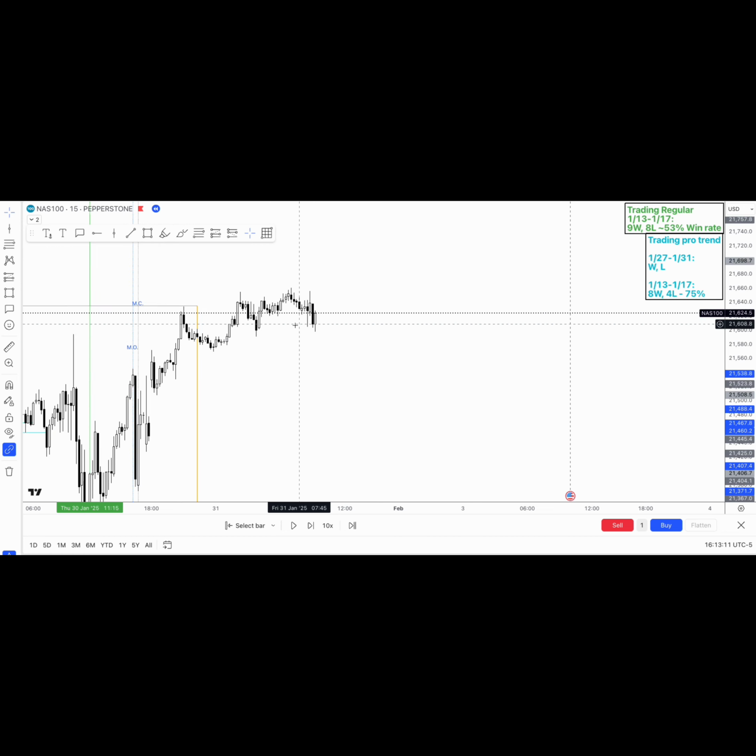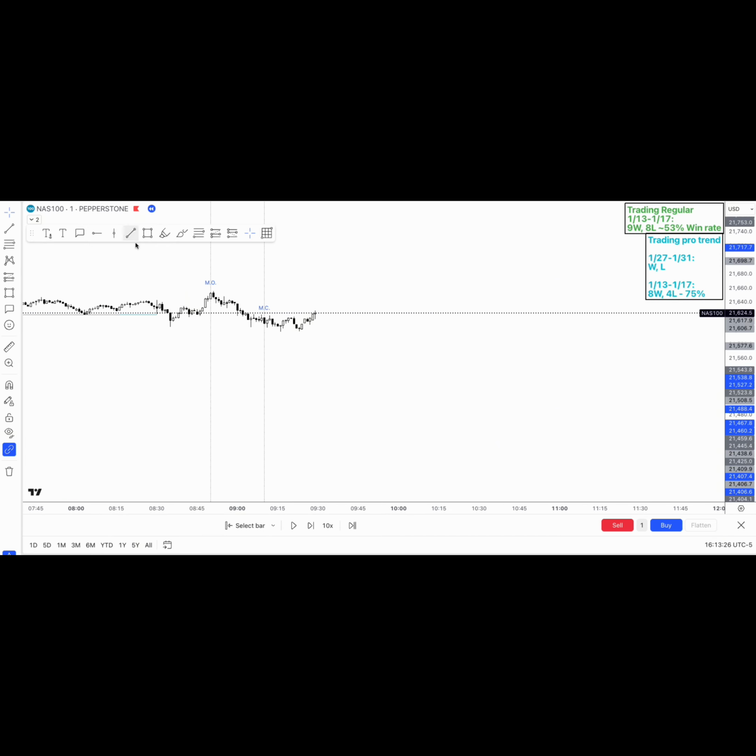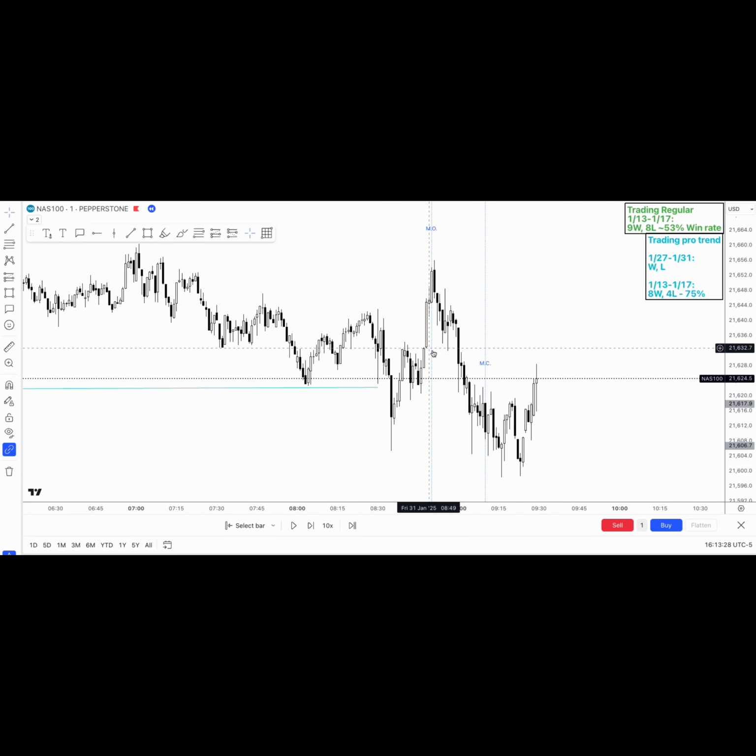So we get to the 8:30 news here, and we're seeing a bunch of sell-side liquidity being swept. There is a little bit of buy-side being swept, but I'm still only looking for buys, so it's not really relevant to what I need to do right now. Then let's look down and find an entry for a quick buy.